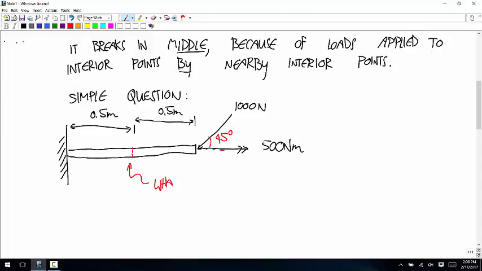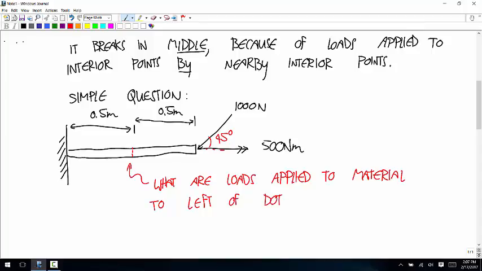So what are the internal loads, or let me say it this way. What are the loads applied to the material to the left of that dotted line by the material to the right of the dotted line?